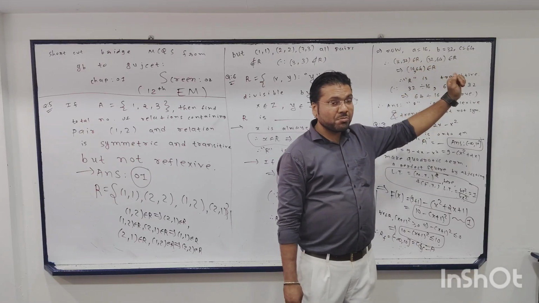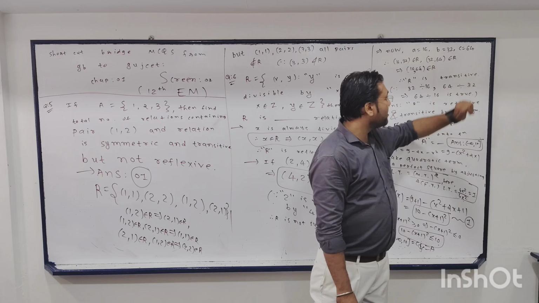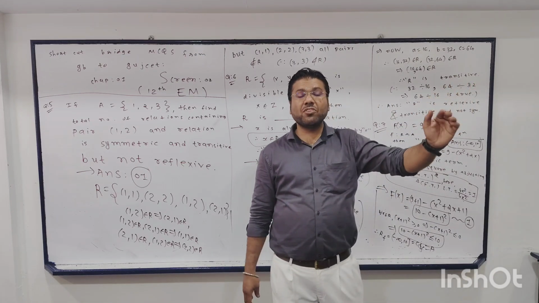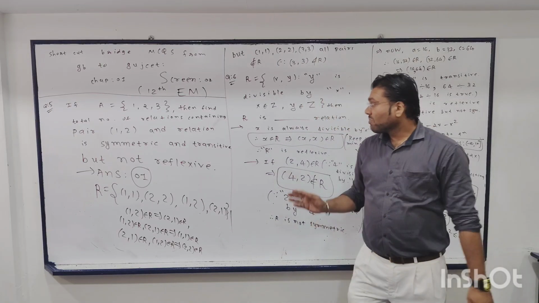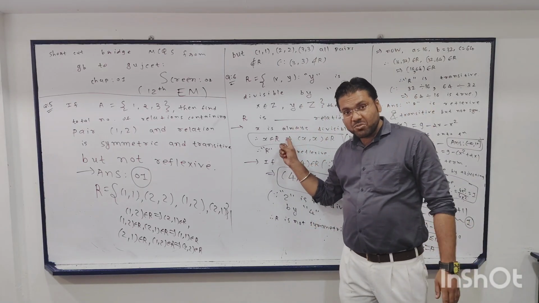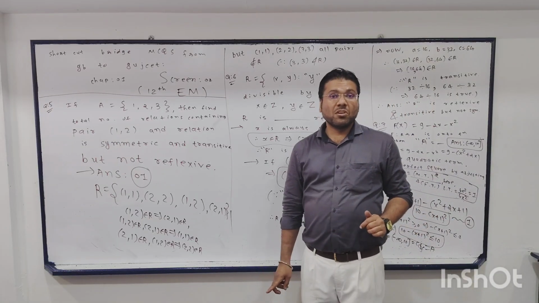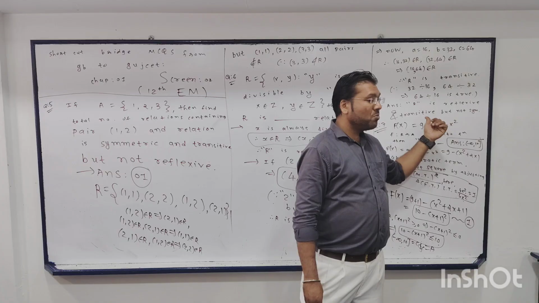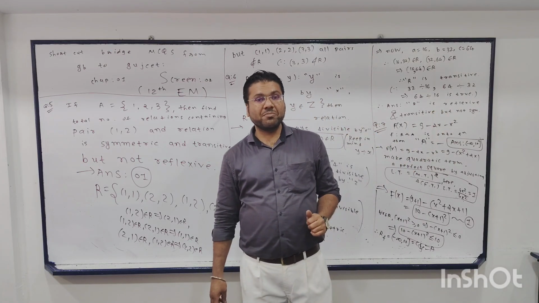So if you take some specific example, a = 16, b = 32, c = 64, then the relation will automatically be transitive. So finally we are getting the relation is reflexive, not symmetric but transitive. So your answer should be: the relation is reflexive and transitive but not symmetric, friends.